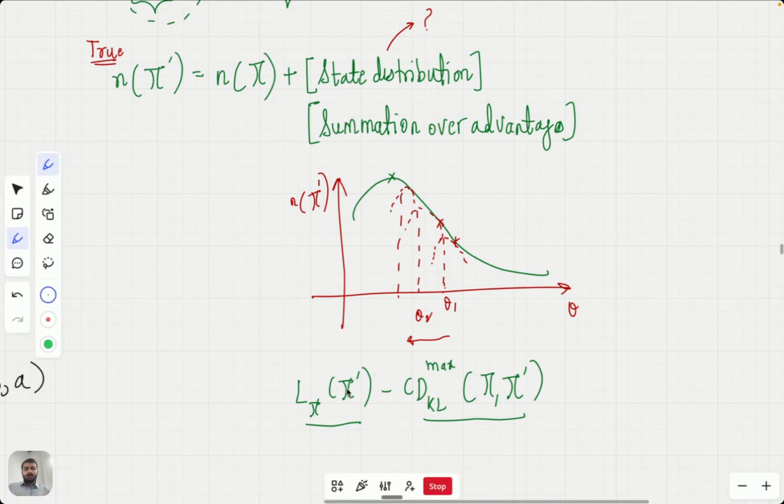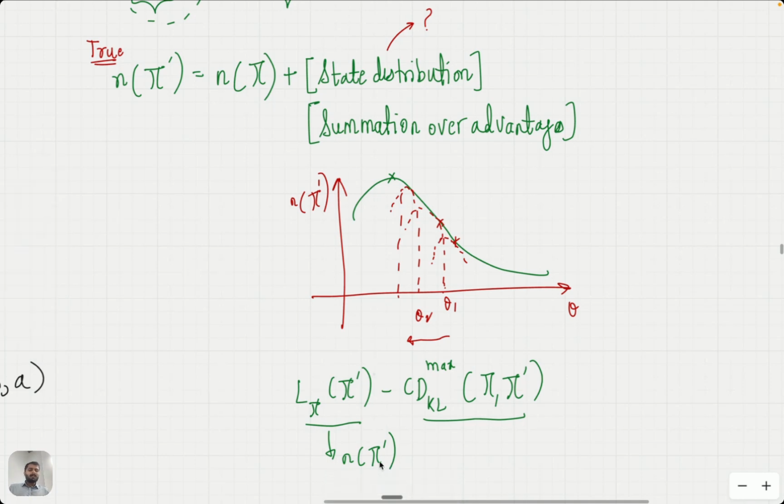And for π equal to π dash, the state distribution of the old policy equals the state distribution of the new policy. So this simply becomes η of π dash. So this way we found a policy iteration algorithm which sequentially calculates a better and better and better policy. And we continue this till the point we reach the optimal policy.